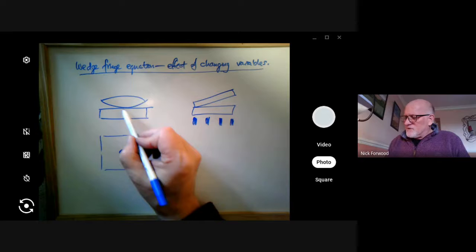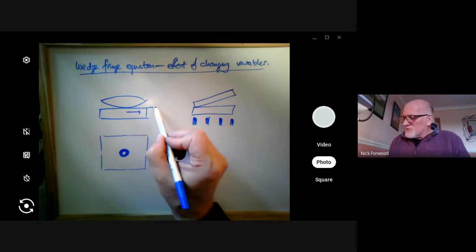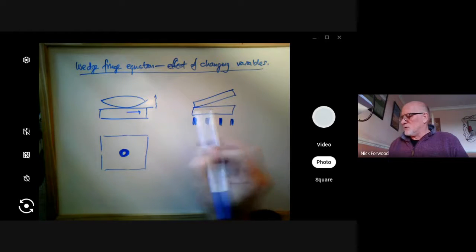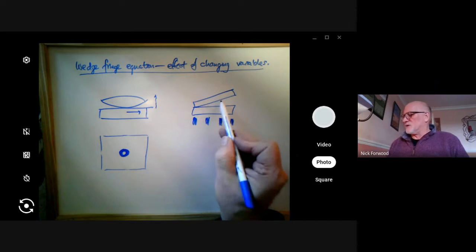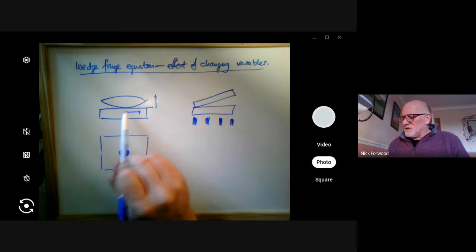And this curve, the air wedge, as you move out that way, the air wedge gets progressively bigger. It's not a linear relationship as you go along here. You go along here a bit, you go up a bit, you go along twice as far, you go up twice as far, you go along 3 times as far, you go up 3 times as far. Here, it's not a linear relationship.